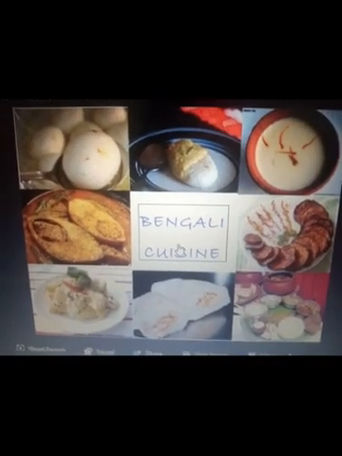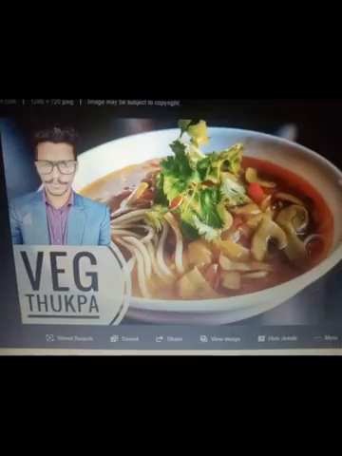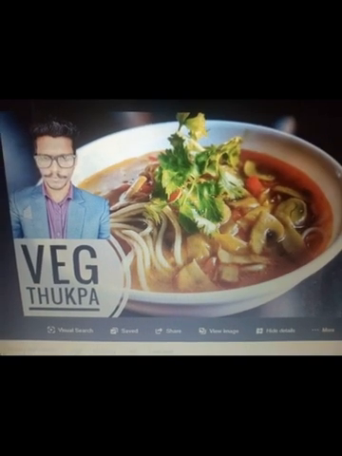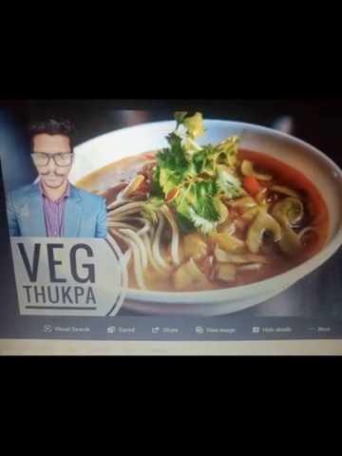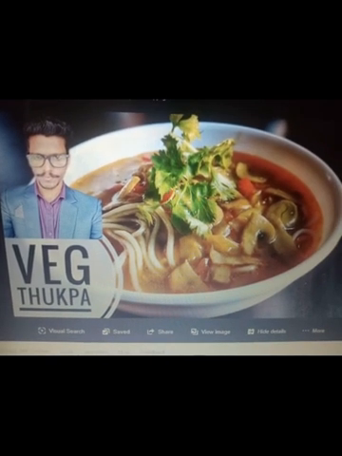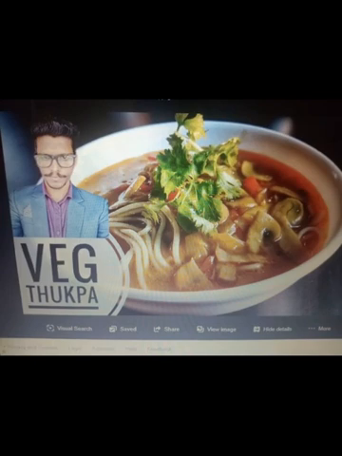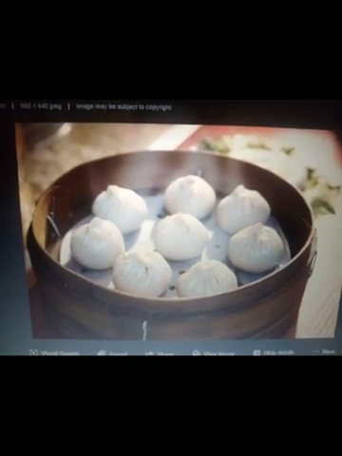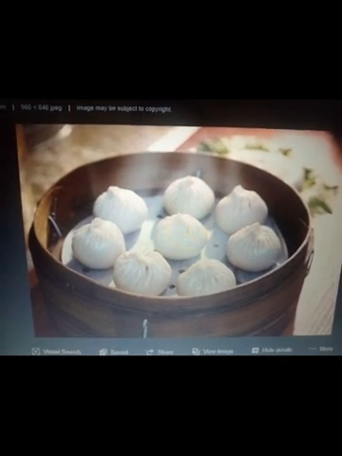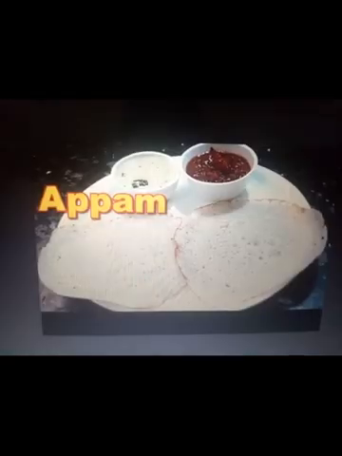So these are all Bengali cuisines. Northeastern states such as Assam and Sikkim have thukpa as their specialty. Thukpas and momos belong to the northeastern states like Assam and Sikkim.